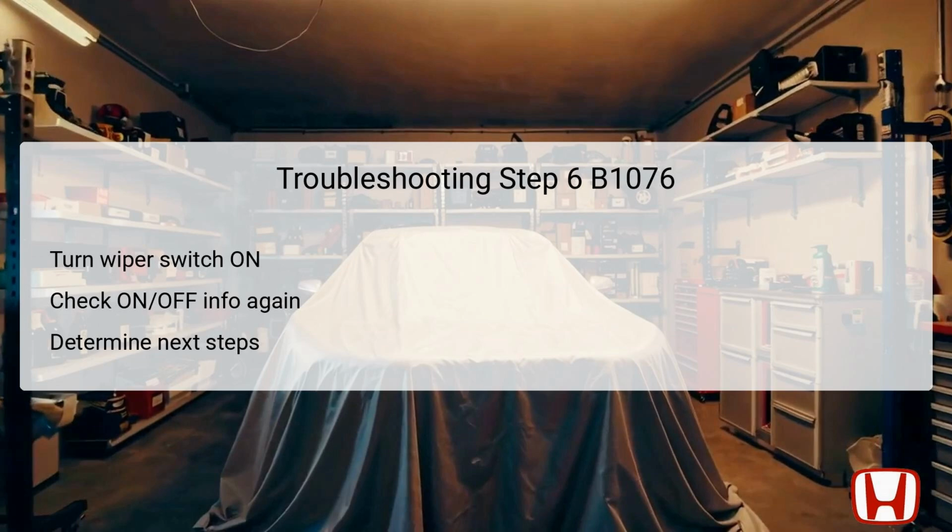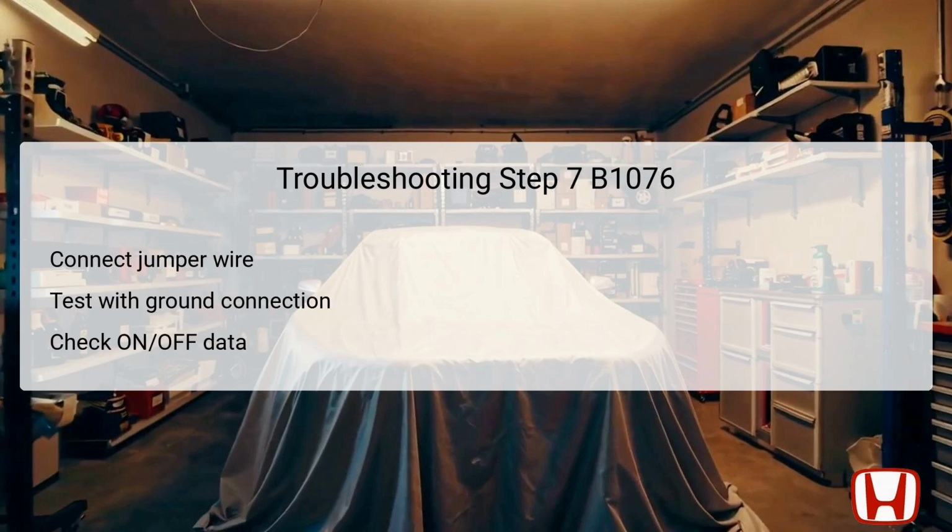If the indicator is now on as expected, this could indicate that the relay control module is functioning correctly. But if it remains off, it suggests there's an issue that needs to be resolved.